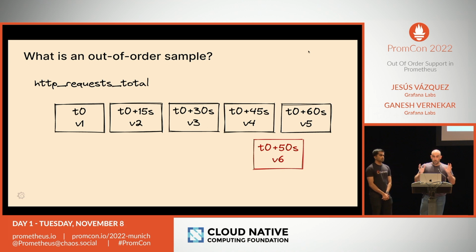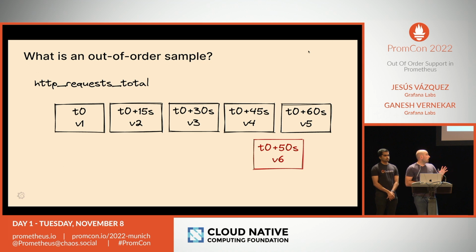The first 5 samples that we got are fortunately in order, so that's what you all see in your instances, usually. But the 6th sample that we got came with an older timestamp than the last sample that we appended. That is T0 plus 50. So that is 10 seconds older than the last one that we appended. That is out of order for Prometheus, and that is what we are trying to solve here.